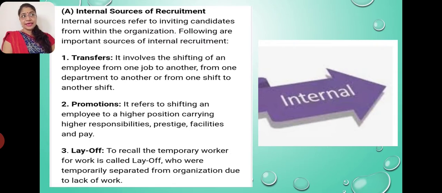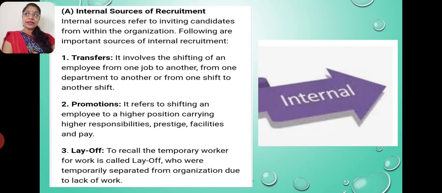Here we can take an example of a bank. In a bank, employees are transferred from one position to another, or from one branch to another branch. So here remember, transfer is a horizontal movement of employees. Transfer is a good source to fill up the departmental vacancy with employees of an overstaffed department.